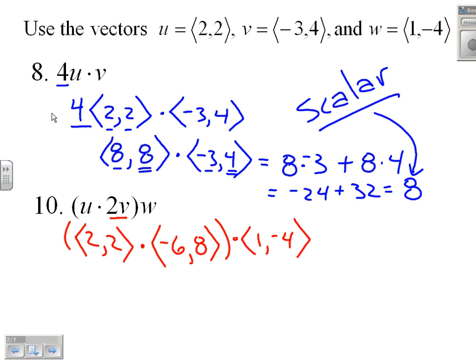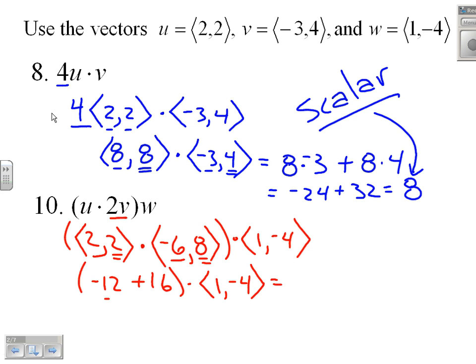So let's go ahead and do some of this work in our head here. Here I get -12 plus 16. Is this a vector or is this a scalar? Well, it's the product of two vectors. I don't see any commas in here. Dot products become scalars. So this is just a scalar that then we're going to multiply by 1, -4.